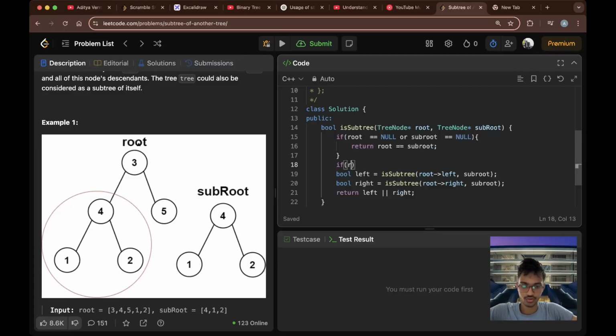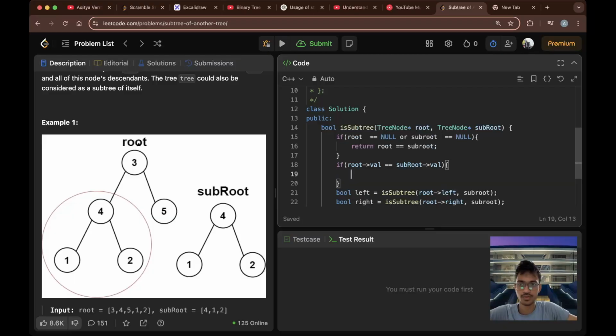Roots is also a base case, because see, for example, there is one element like root and subroot. Roots value is equal to, because it is written that subtree, I need to read root value.